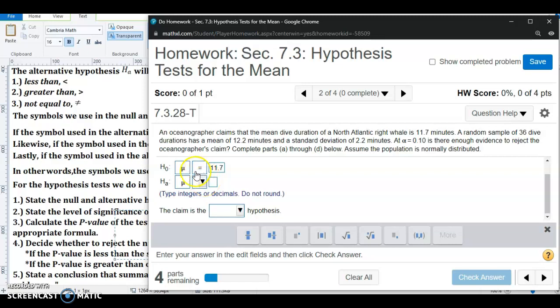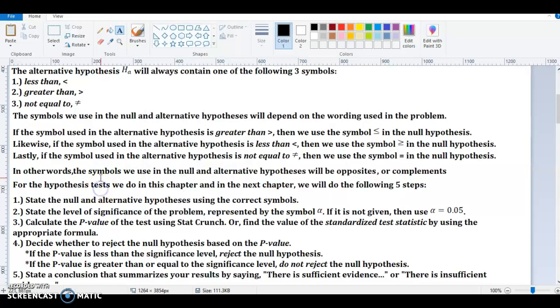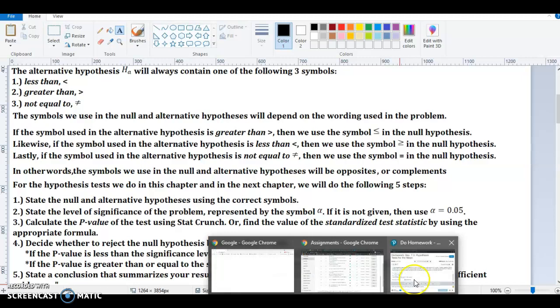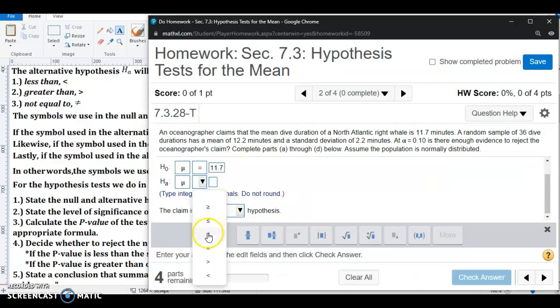Because we use the equal to symbol in the null hypothesis, the symbol we use in the alternative is not equal to, the complement, the opposite of equal to. So keep that in mind. In the alternative hypothesis, it's not equal to, and then type in 11.7. Notice that this number is the same for both hypotheses. So the claim is actually in the null hypothesis, but in most cases, it'll be the alternative.